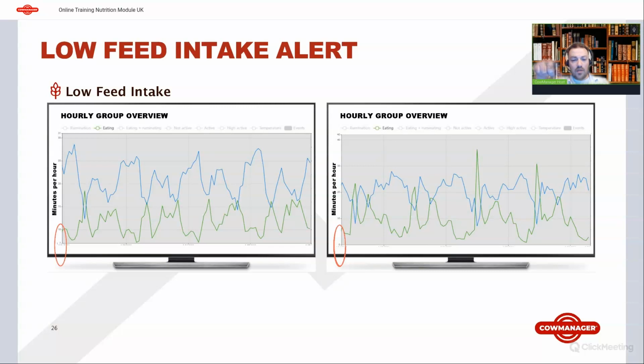If you would add up these minutes per hour over 24 hours, and compare it with the same group on the same farm where they're being fed at the right time, even though they try to compensate, they won't eat as much per 24 hours as they would have been eating if they were fed at the right time, which would happen in this left scenario.